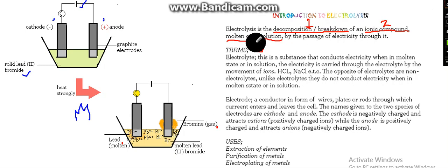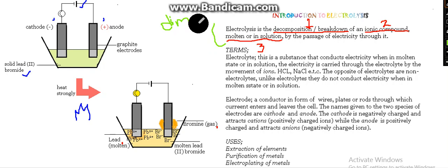I call this DIM. Why? Now the three prerequisites when defining electrolysis usually come out in most exams, especially WAEC. Use the keyword DIM. What does DIM mean? It means decomposition, ionic compound, molten or in solution.